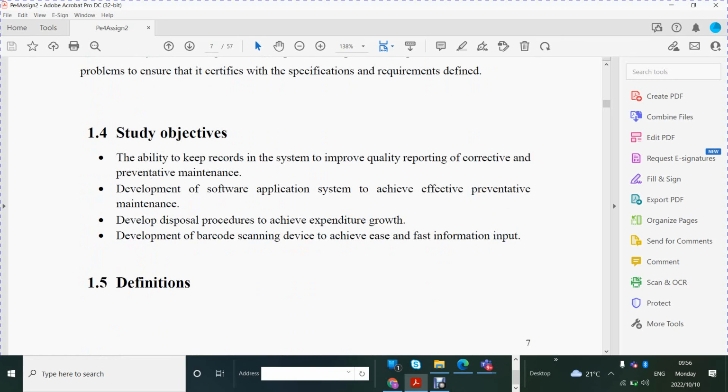And instead of just starting with bullet points, you can start by saying something like, the objectives of this study will include the following. Then you can put your bullet points. And make sure those objectives are very clear. What do you want to achieve by doing this project? So make sure they are very clear.